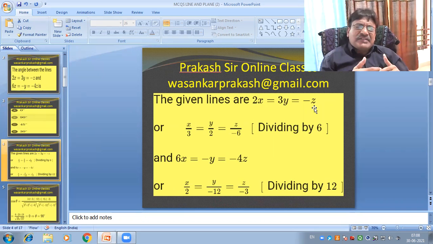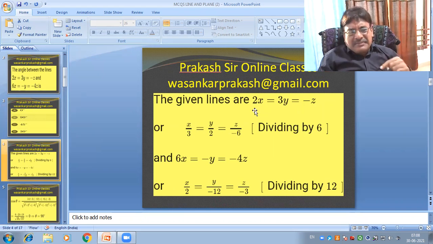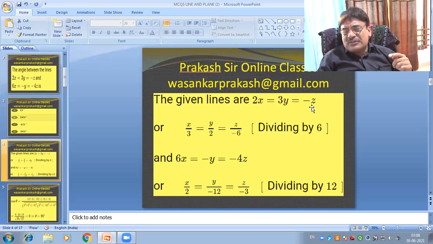Convert these equations in the form (x - x1)/a1 = (y - y1)/b1 = (z - z1)/c1. So this can be written as x/(1/2) = y/(1/3) = z/(-1). To avoid the fraction, divide both sides by 6.